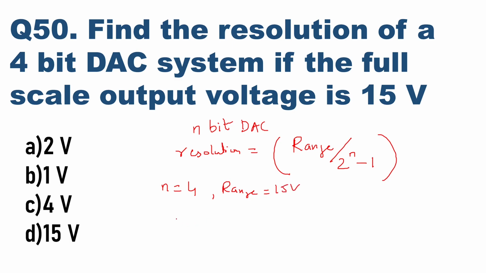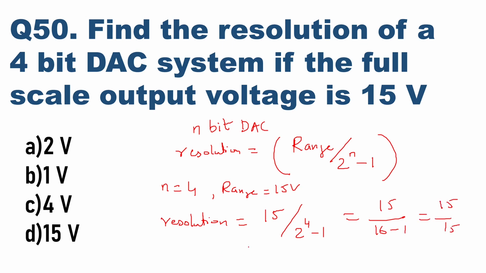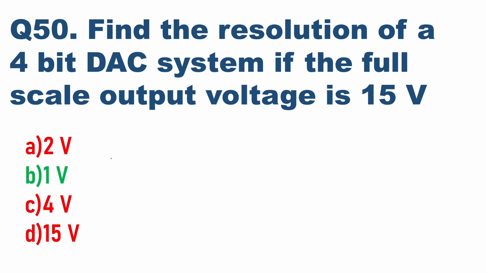Substituting these values in the formula, we get resolution equal to 15 upon 2 raised to 4 minus 1, which is 15 upon 16 minus 1, which is 15 upon 15, which is 1 volt. So the resolution of the 4-bit DAC system is 1 volt. Option B is the right answer here.